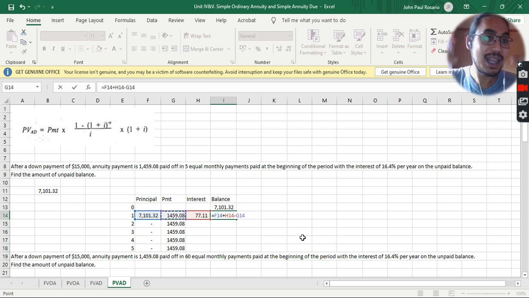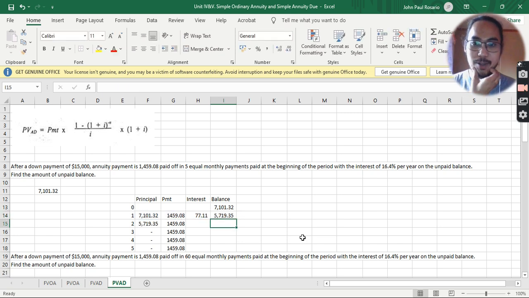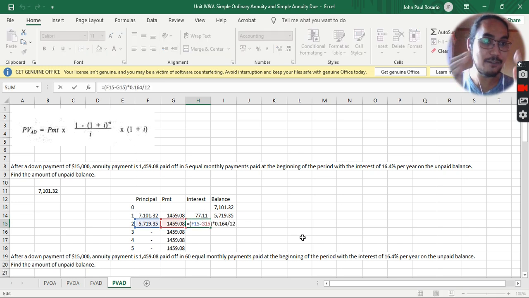Again, your payment is to extinguish. Unlike in future value, where you're adding, here your payment is a deduction to your utang, while interest is an addition to your utang. So, minus payment. Again, the interest is calculated on the difference of the principal at the beginning balance minus your payment.